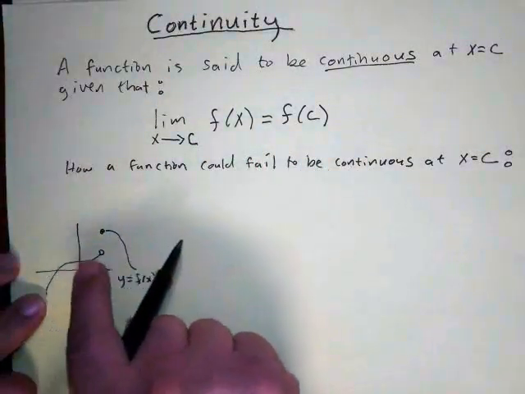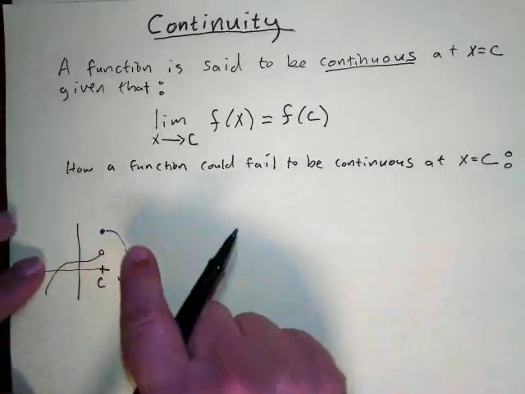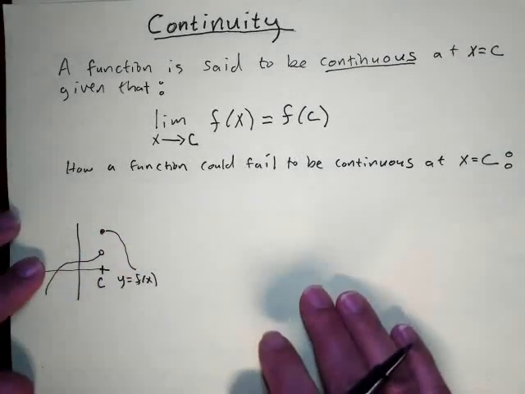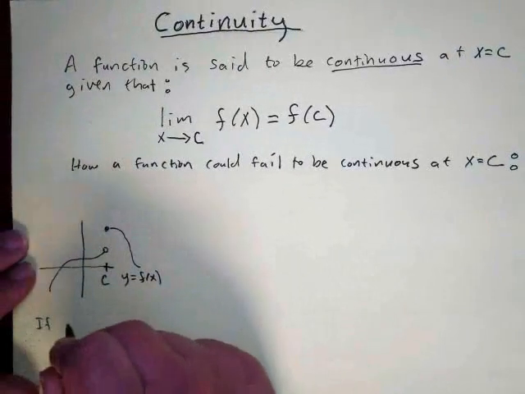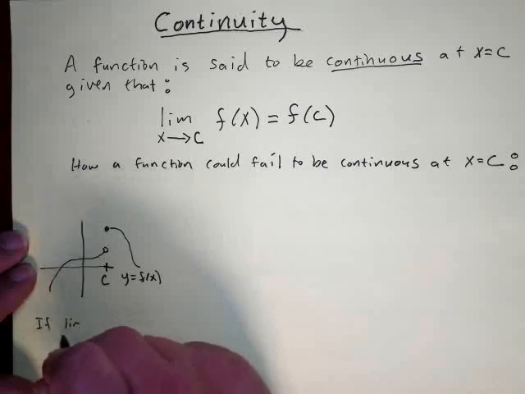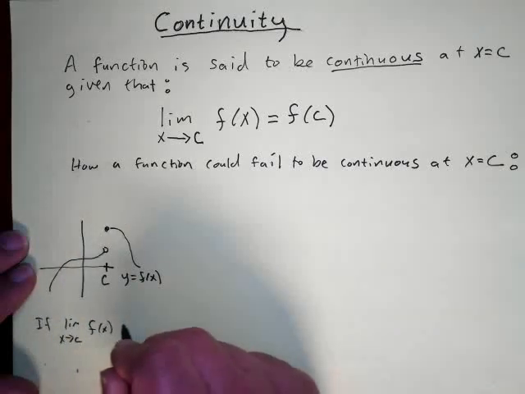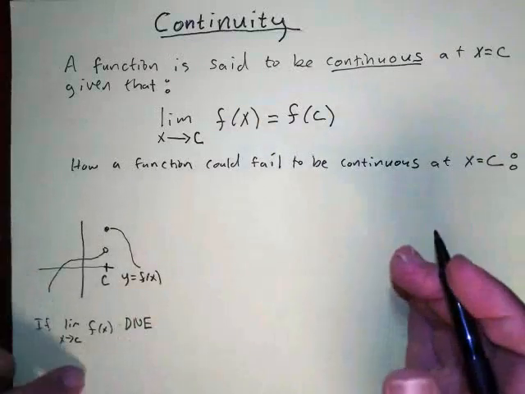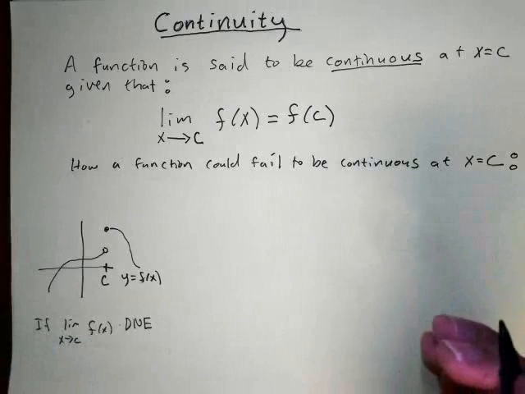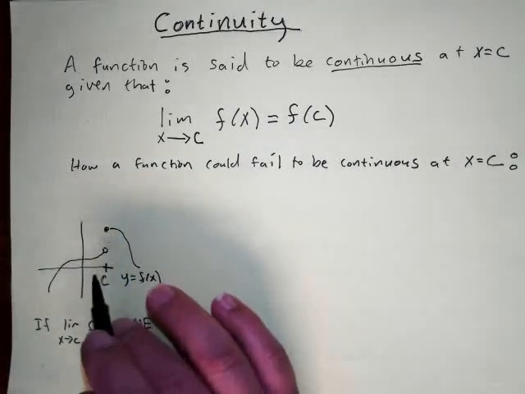So as you approach c from the left and as you approach c from the right, it's approaching two different values. So one way then that it could fail is if the limit as x approaches c of f of x does not exist. If it doesn't exist, then you don't have a continuous function. The function is not continuous at c.